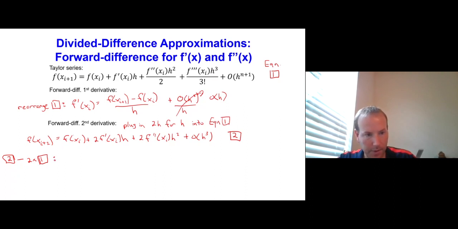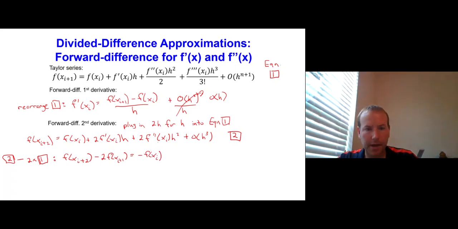So we're going to start with equation 2, and we have f of xi plus 2, minus, this is where we're subtracting off of the first equation, 2 times f of xi plus 1, equals negative f of xi, and it was negative f of xi because it had f of xi minus 2 times f of xi.